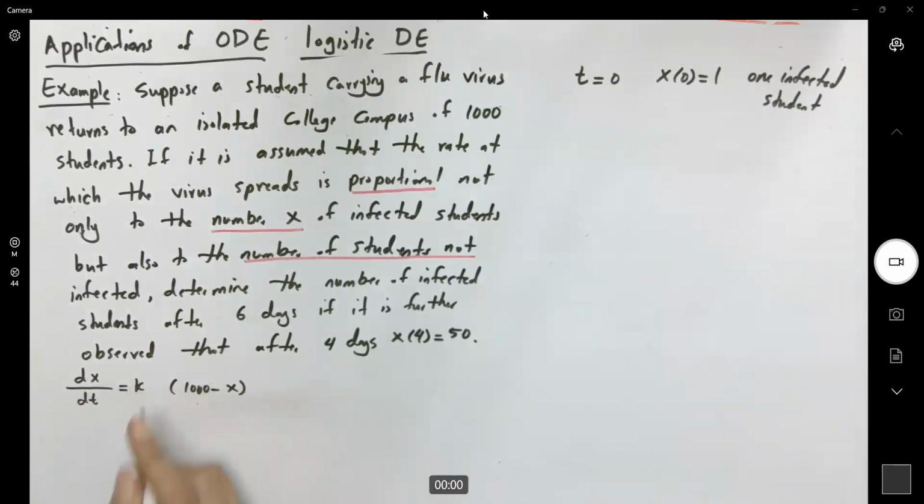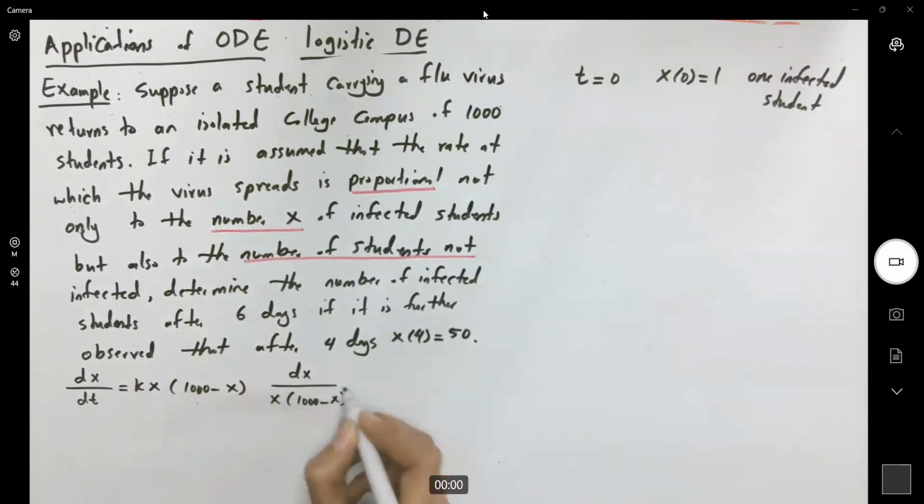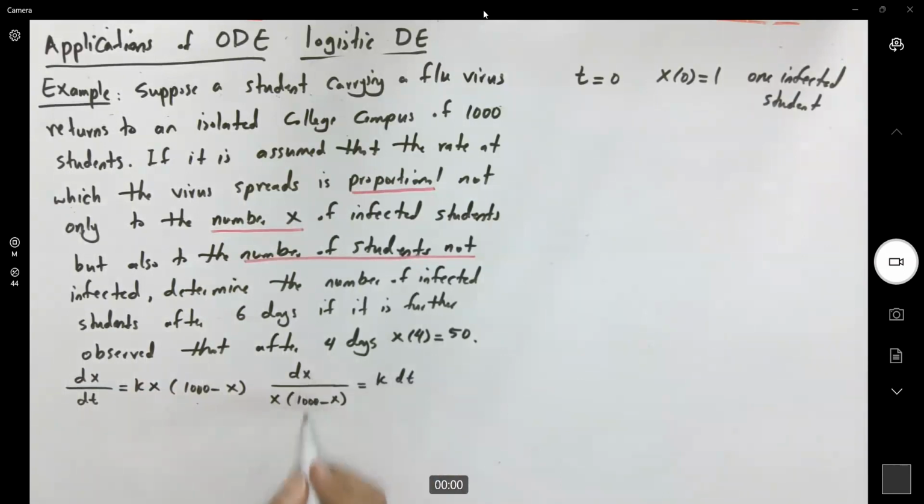First of all, here you can use a separable differential equation to solve this nonlinear differential equation. k dt. Very well. So what do we have here? We can use partial fractions to solve this differential equation. You have a divided by x plus b divided by 1,000 minus x.